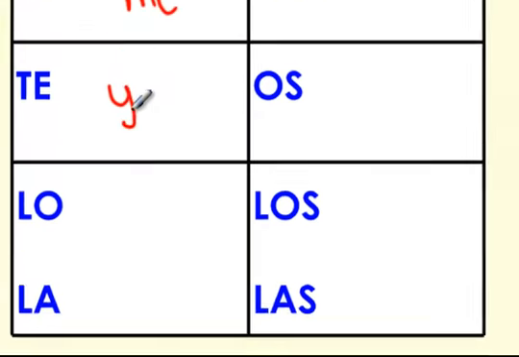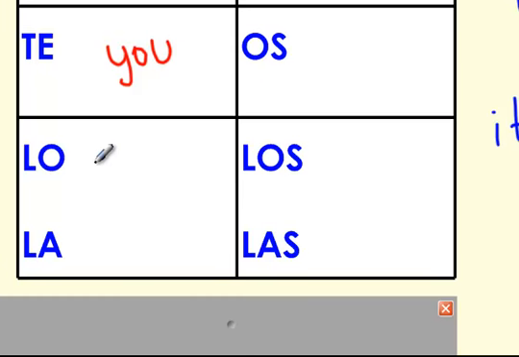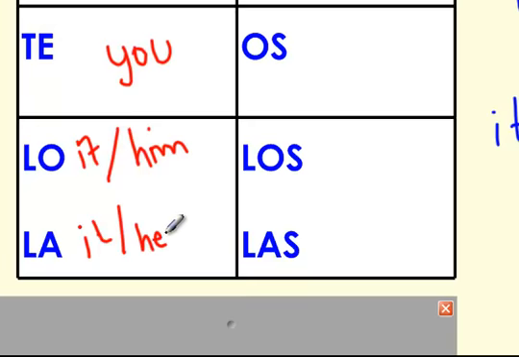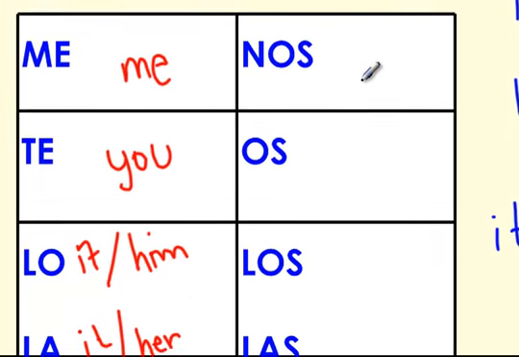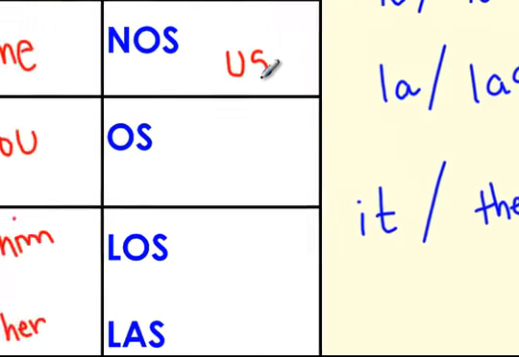Te refers to you. Lo can refer to it, or it can also refer to him. La means it, or can also refer to her. Nos refers to us.